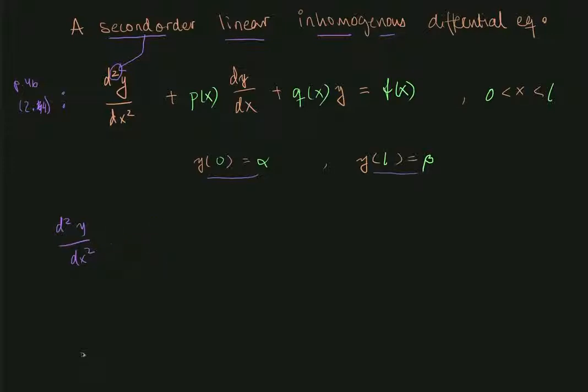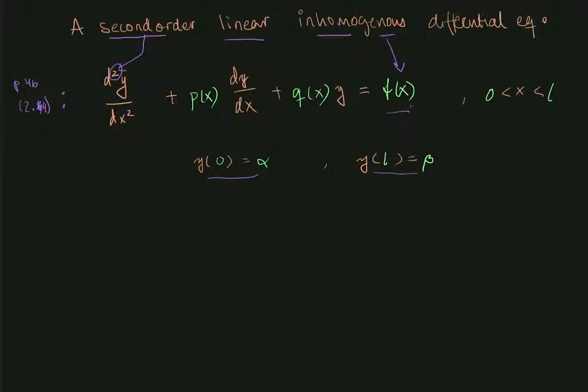But yes, in this part of the book, we work with a second order linear differential equation, which is also inhomogeneous. So what does it mean that it's inhomogeneous? Well, it means that when I take all the terms where y or derivatives of y are contained and move them all to one side of the equation, then if I am left with 0 on the other side, it is a homogeneous differential equation.